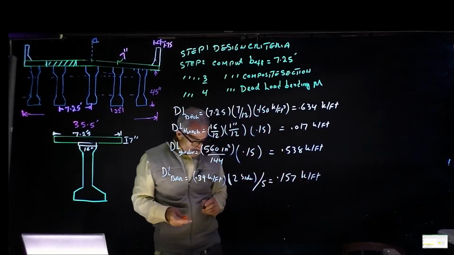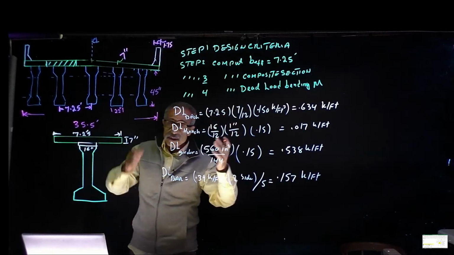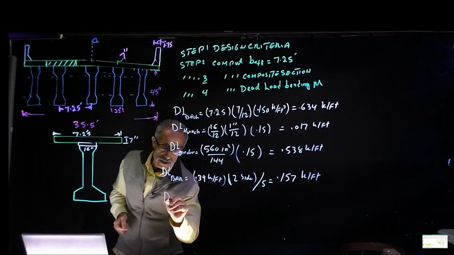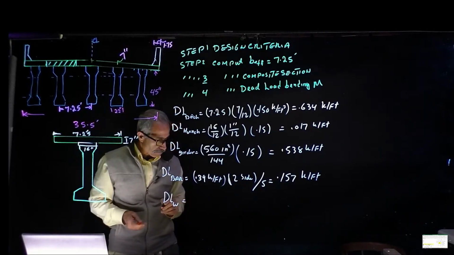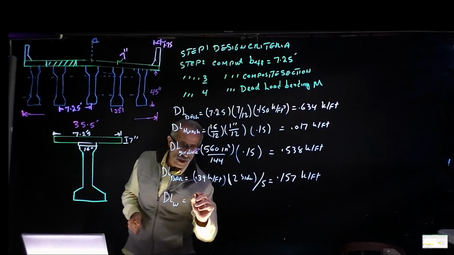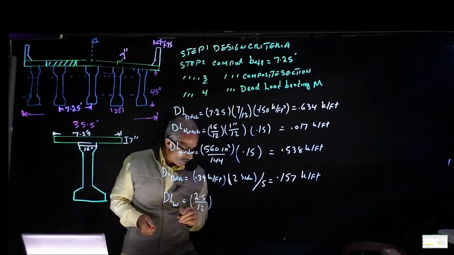So now that's done. Then we have the wearing surface that we're going to go ahead and put here. Again, from the design criteria, the DL wearing surface, we said it was 2.5 inches, divided by 12 and multiplied by the width.